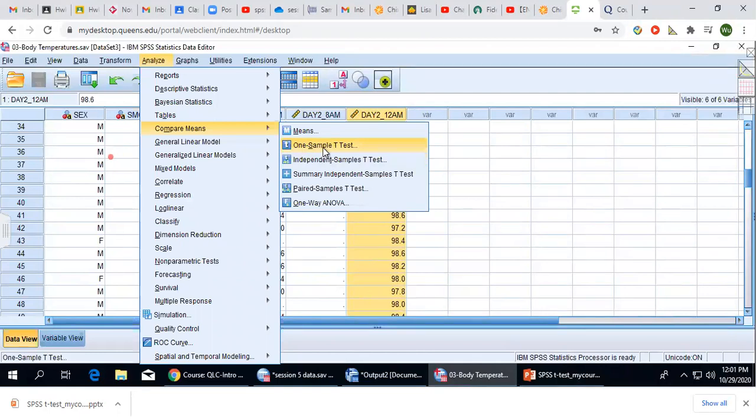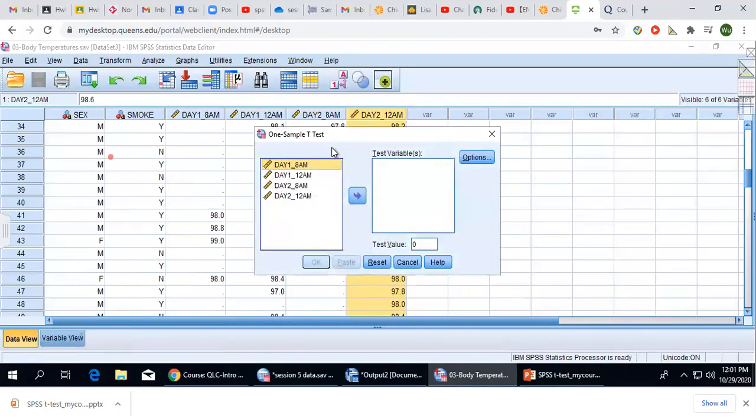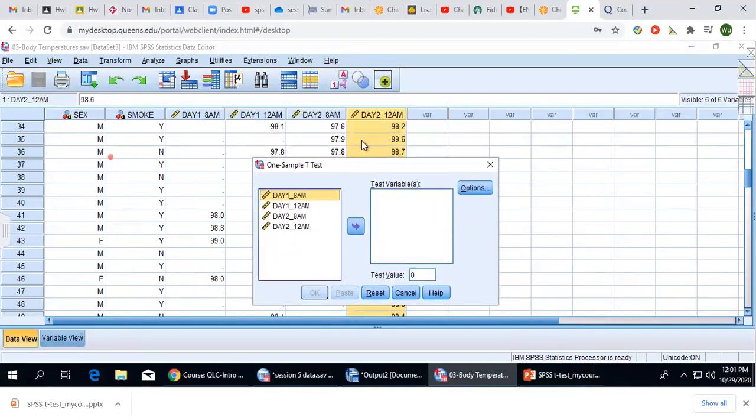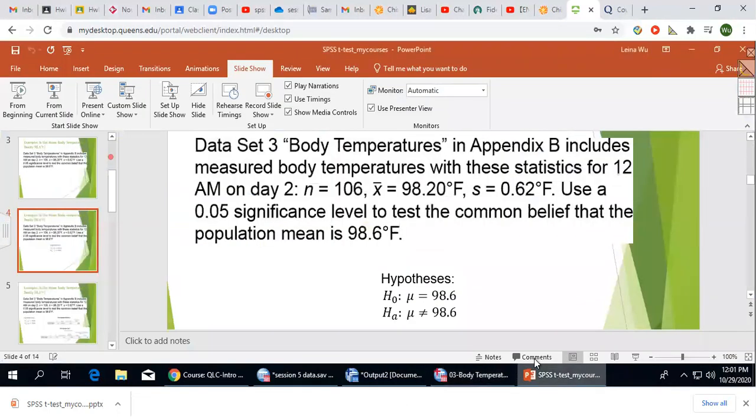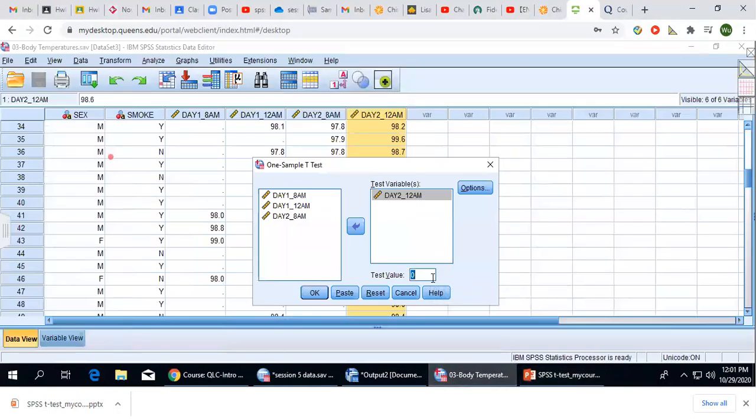So we just go one sample t-test. We're comparing this day 2, 12 a.m. temperature. So this is the test variable. Compare that with 98.6. So 98.6 will be your test value. Enter that manually. Hit OK.